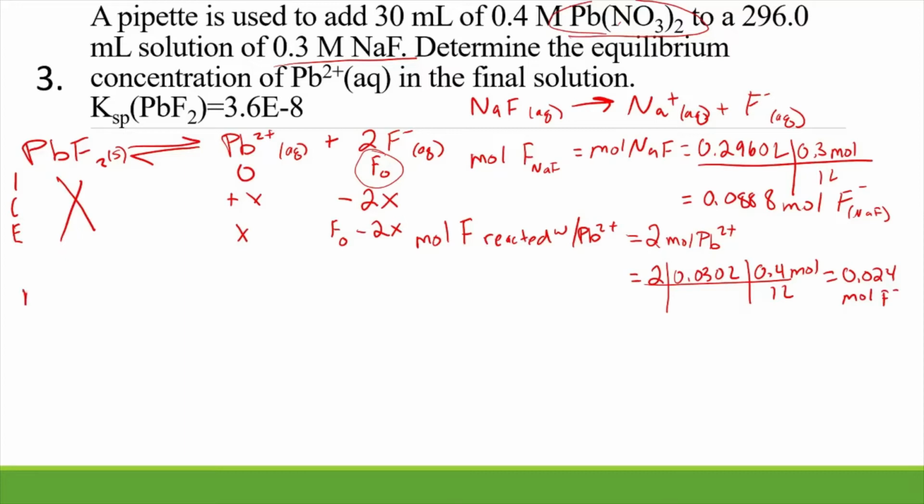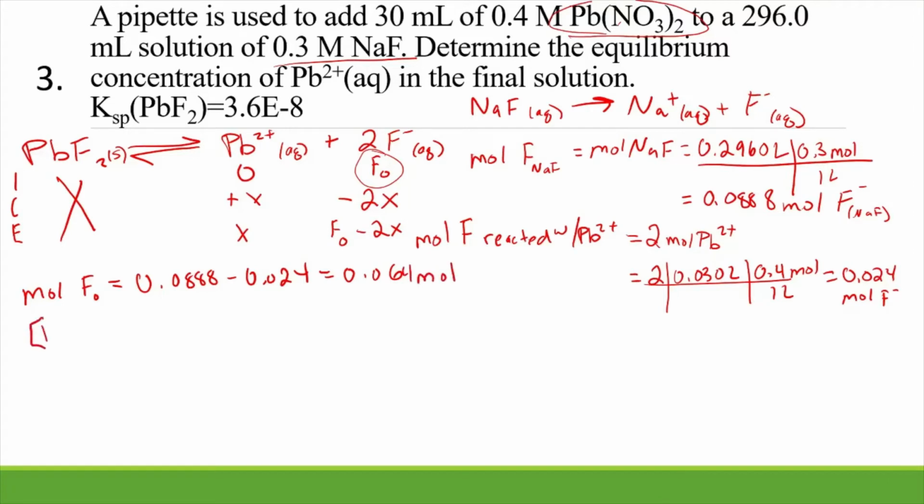So now our moles of fluoride about to hit equilibrium, this F0, is what's actually going to be acting in the equilibrium. That's equal to 0.0888 moles minus 0.024, and that gets us 0.064 moles.